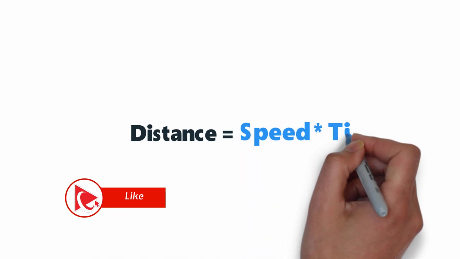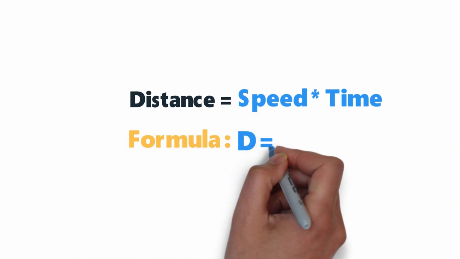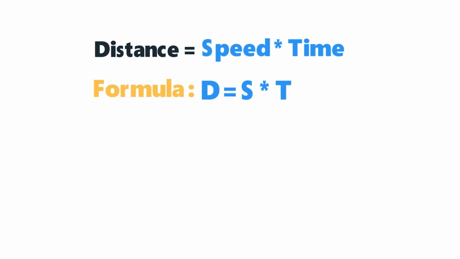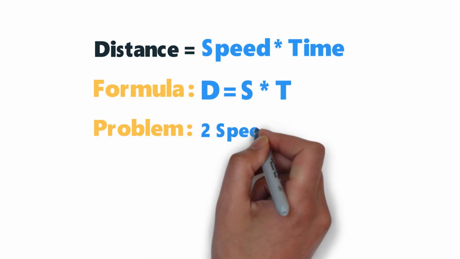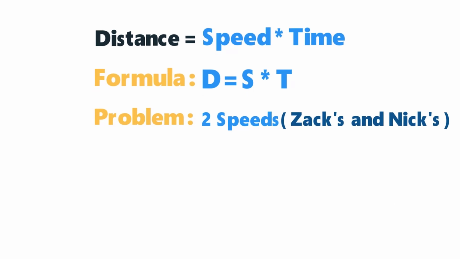As you might be well aware, distance is calculated as multiplication of speed and time. So we will create a formula d equals s multiplied by t. What's interesting about this particular problem is that it's a little trickier because we got 2 speeds. One is Zach's speed and second one is Nick's speed.